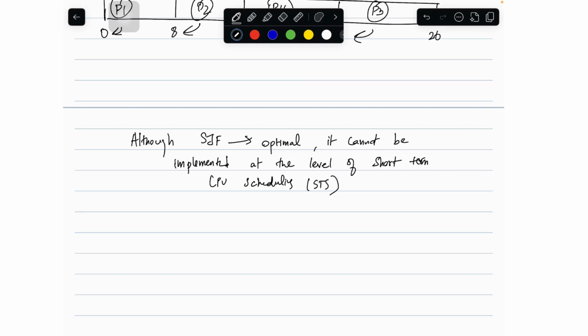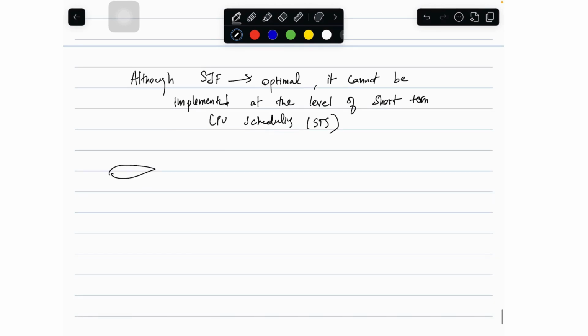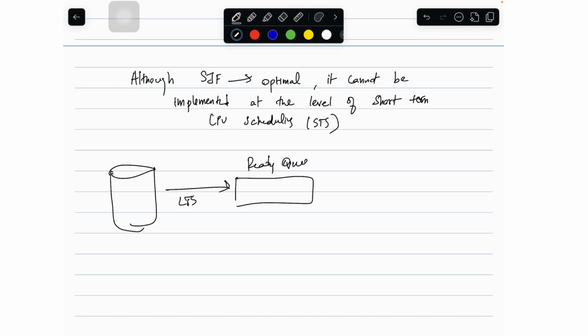Why? Let's just look at why. From the disk, we use long-term scheduling to put it in the ready queue, to submit in the ready queue. From the ready queue, we are going to use short-term scheduling and the dispatcher. Why is the dispatcher here? Because short-term scheduling selects, but the dispatcher is the one which actually allots the CPU for the process.